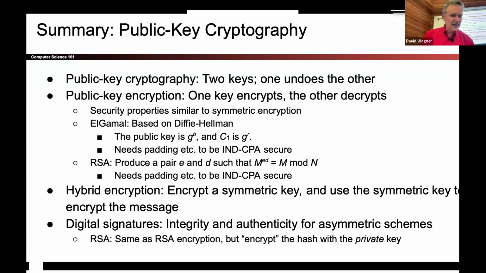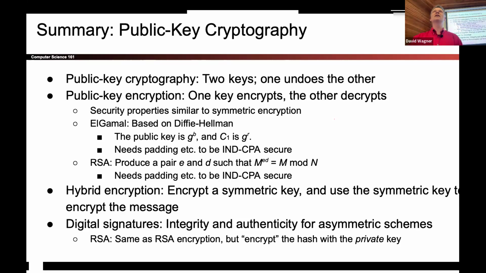So, summarizing public key encryption. Public key cryptography gives us a way to both provide confidentiality with encryption and provide integrity with digital signatures. It involves this public and private key pair. A key requirement is I need to have some way to get your public key.